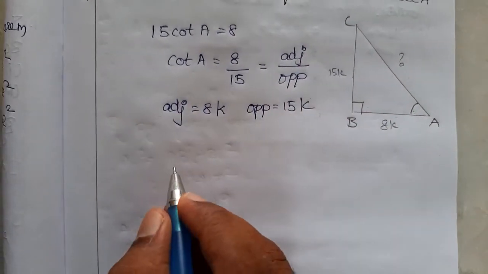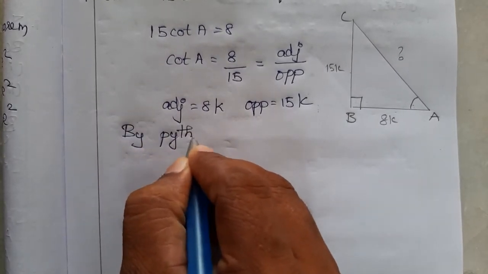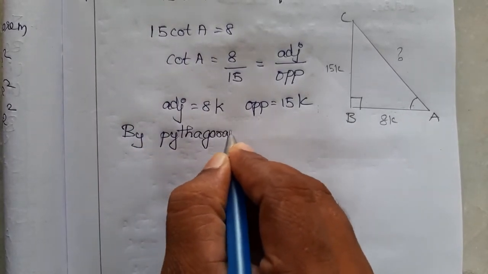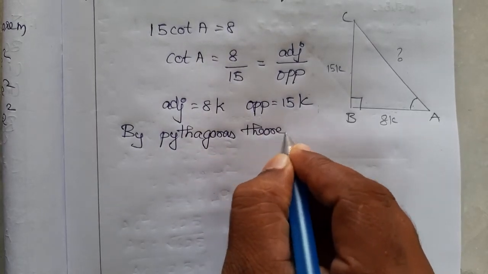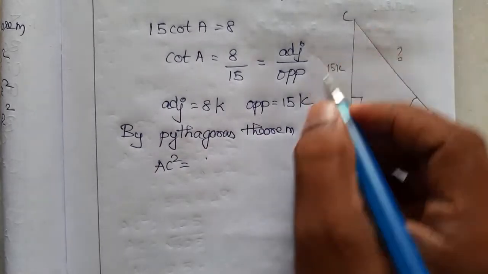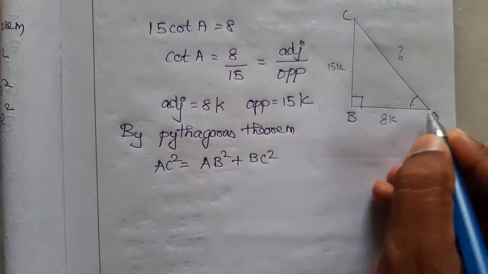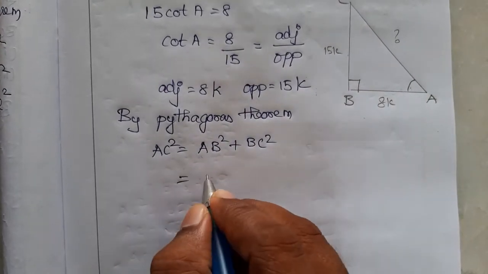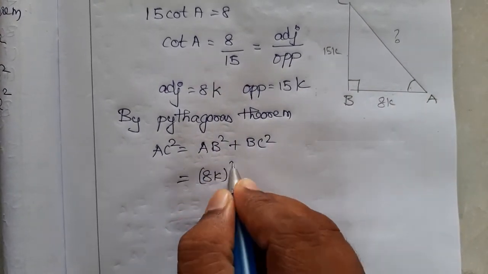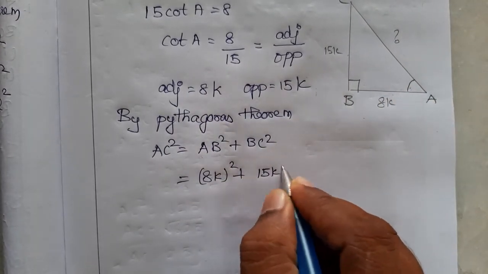So AC is the hypotenuse. By Pythagoras theorem, AC square is equal to AB square plus BC square. So AB is 8k, so 8k the whole square plus BC is 15k, 15k the whole square.